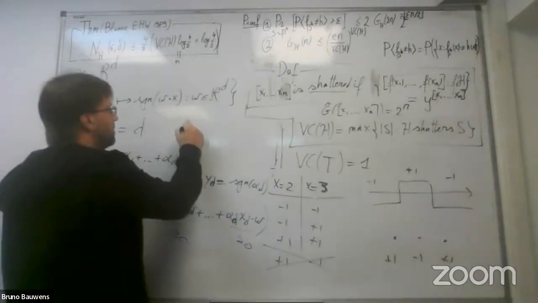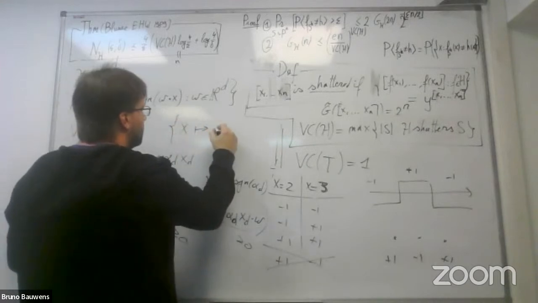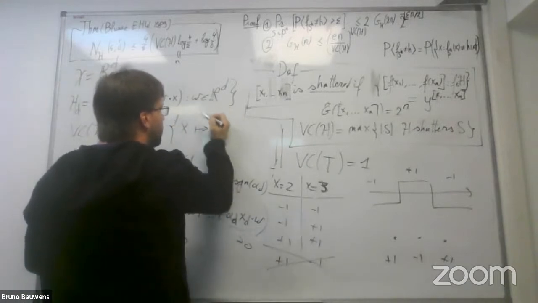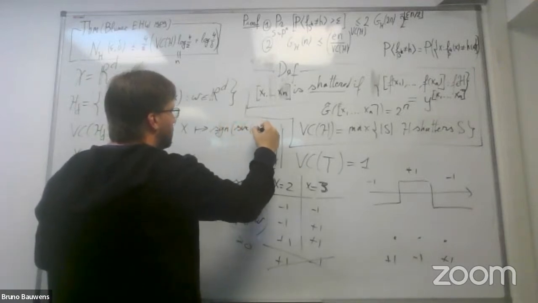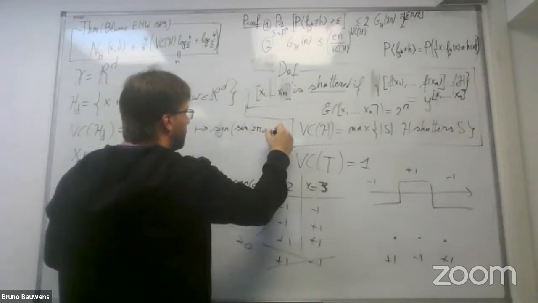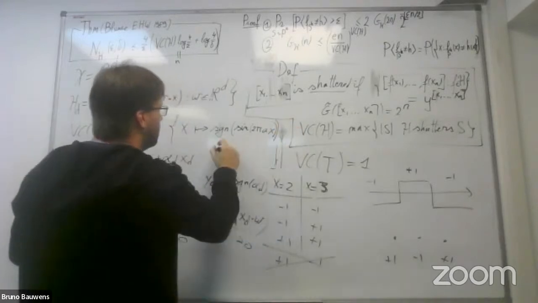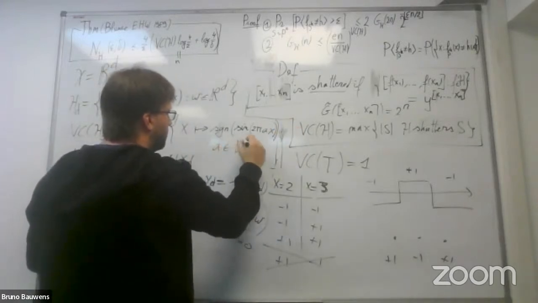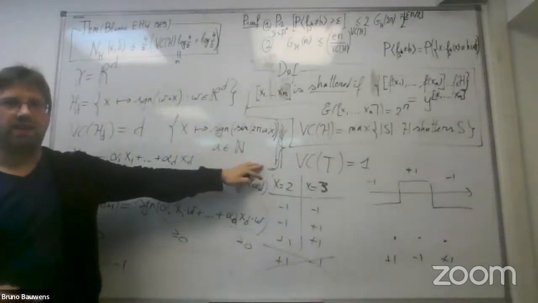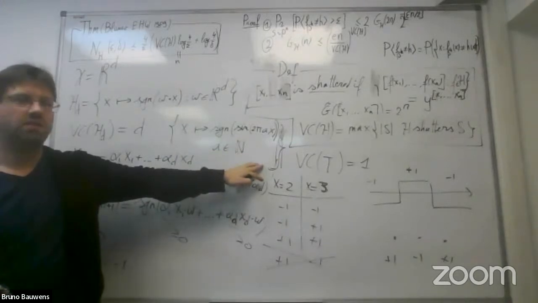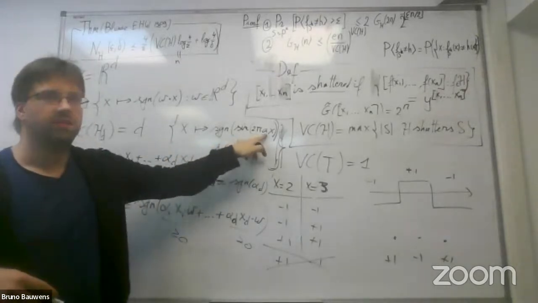So the class of functions sine of 2 pi a x, where a is a natural number. So this is a set of classifiers defined by sine functions. It has infinite VC dimension, but it has only one parameter in its definition.